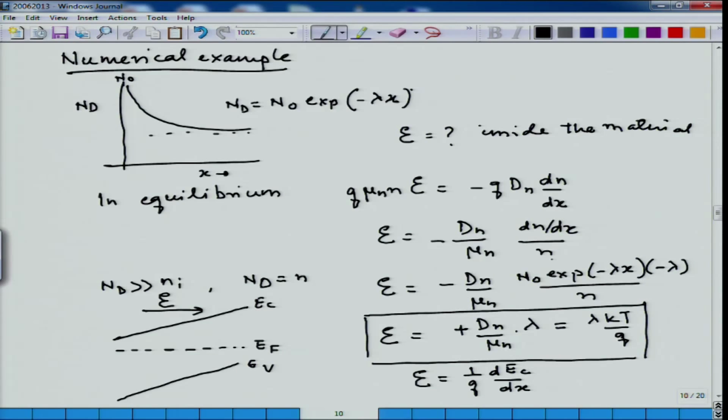So, in this example of equilibrium field developed in the semiconductor, we had a non-uniform concentration of dopant, and that led to a constant electric field in the semiconductor.